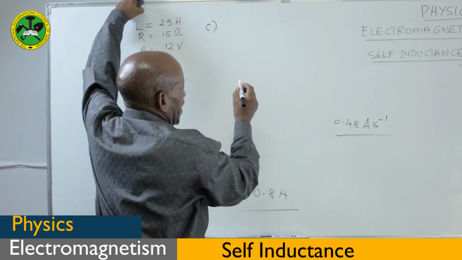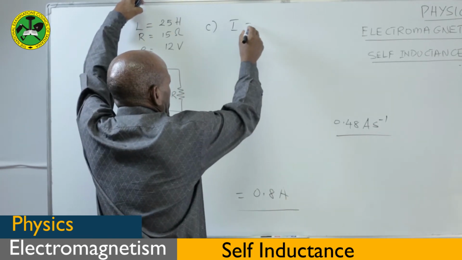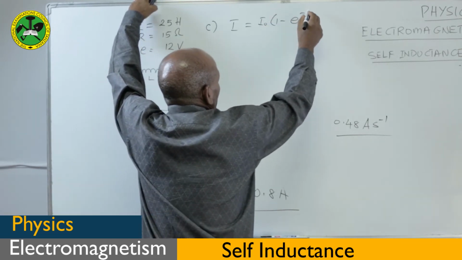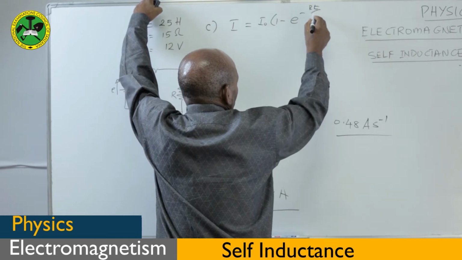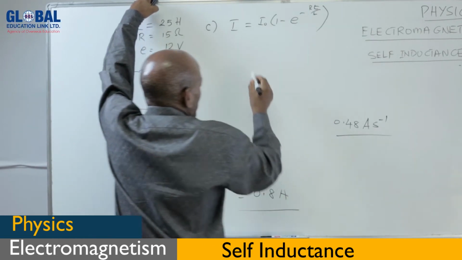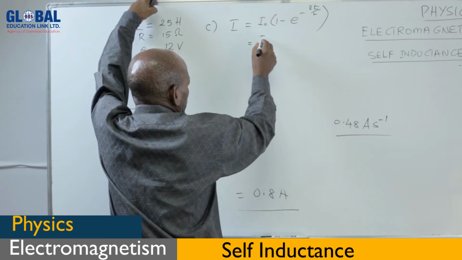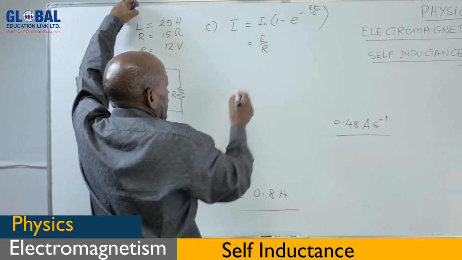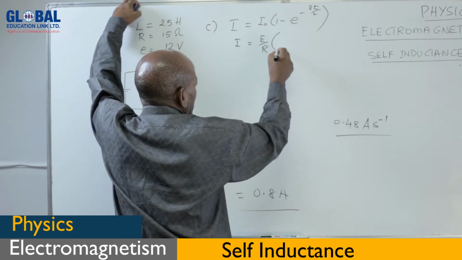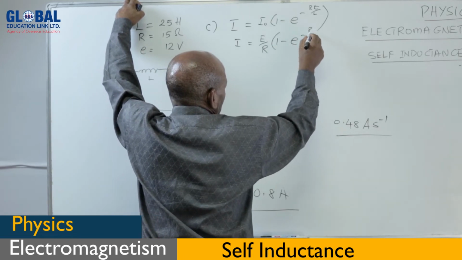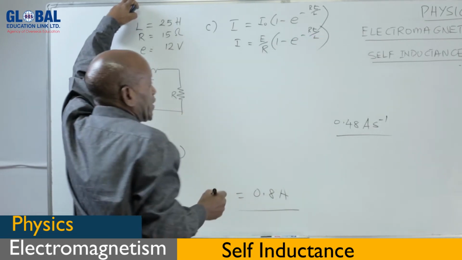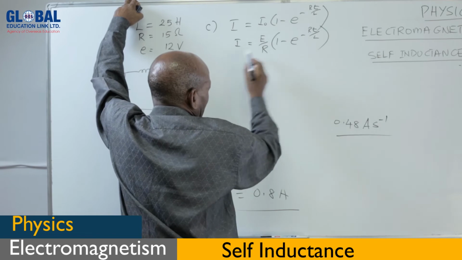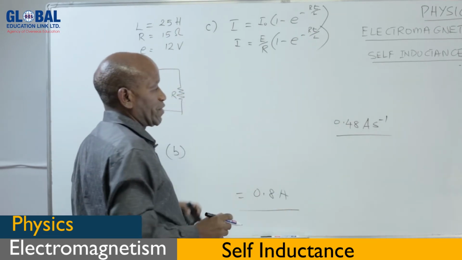This takes us to that particular equation: I is equal to I naught into 1 minus e to the power of minus R t over L. But I naught is just equal to E over R. So this will be the current I equal to E over R times 1 minus e to the power of minus Rt over L. It's a matter of substituting to obtain the current I at the moment the time is 4 seconds.